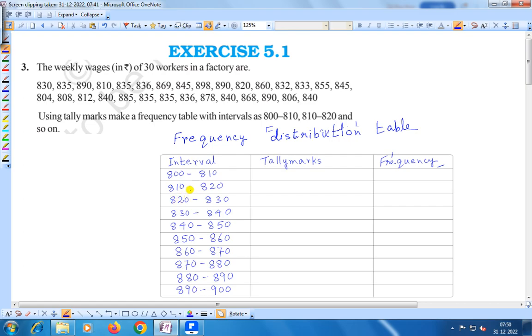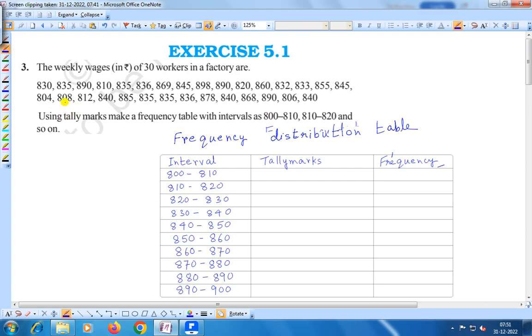Let us take the frequency first. The first one is 800 to 810, but we have to take values less than 810.